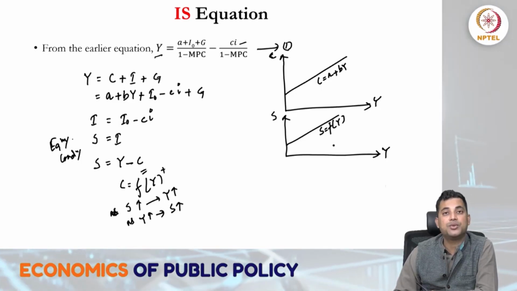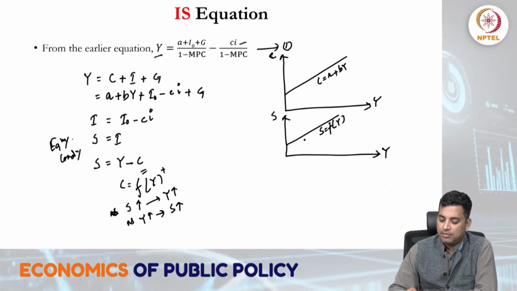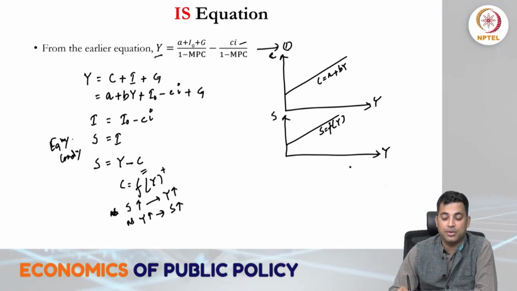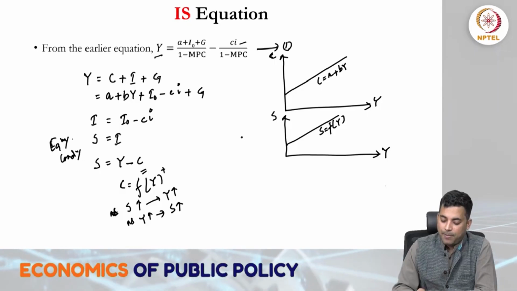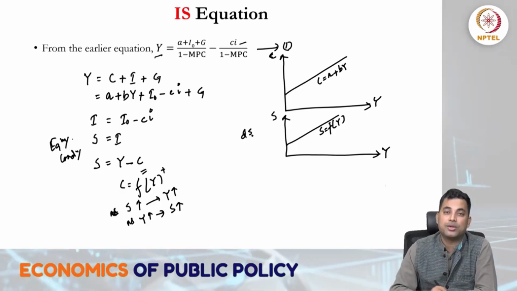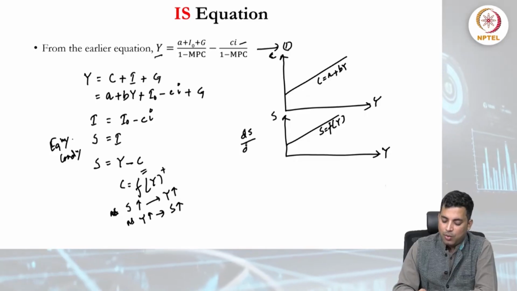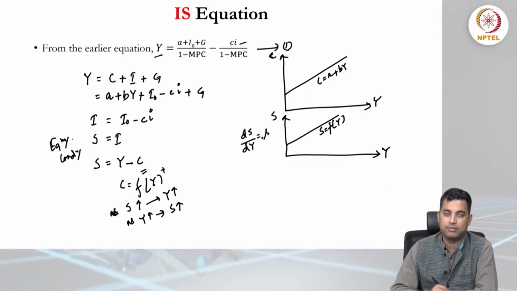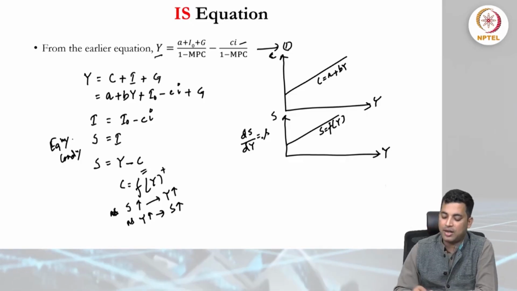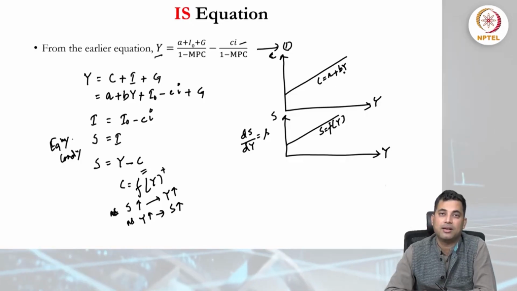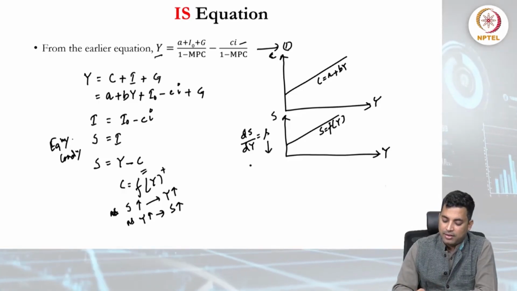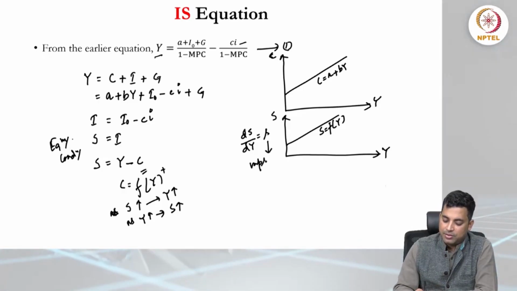And the propensity to save is the saving coefficient, which tells how total savings change due to a 1 unit change in income, and we refer to it as small s. We already know b is the marginal propensity to consume, and here s is the marginal propensity to save.